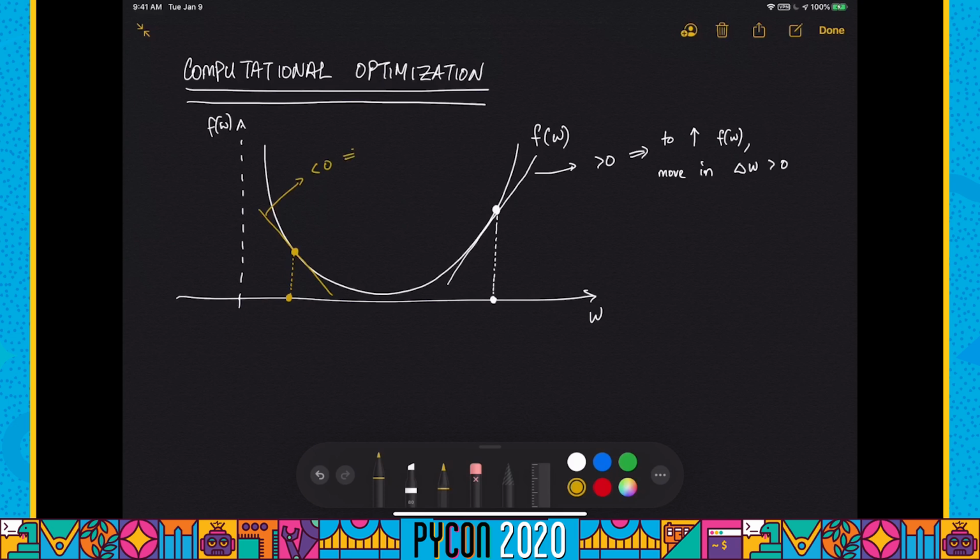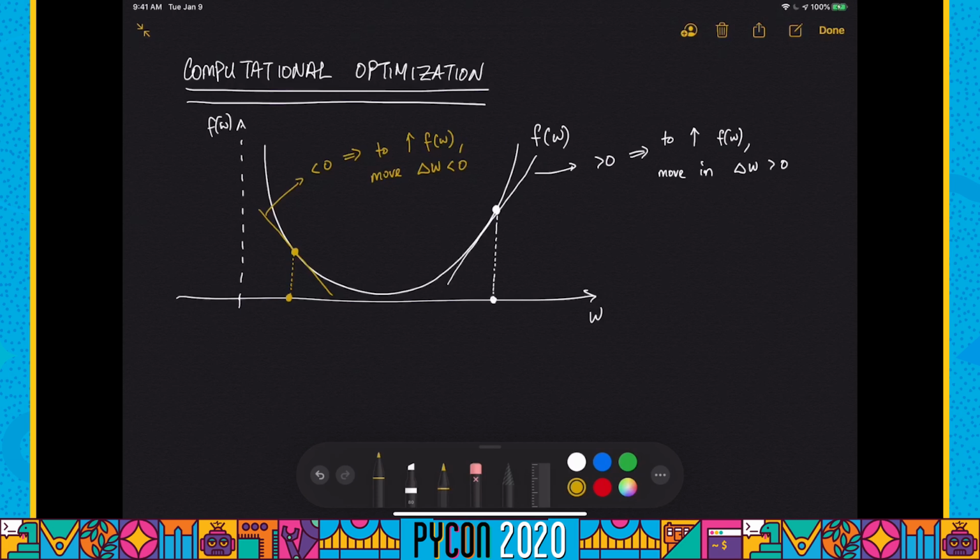And what this tells us is to increase f of w, move such that delta w is less than 0. That is, we subtract. We need to move w in the negative direction in order to increase f of w. That's what the gradient is telling us.